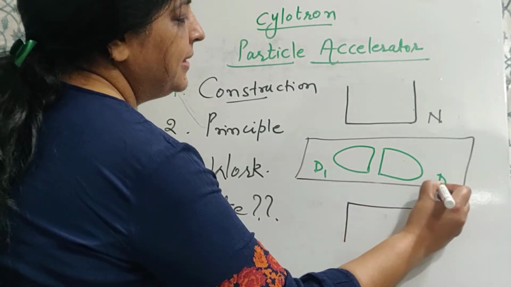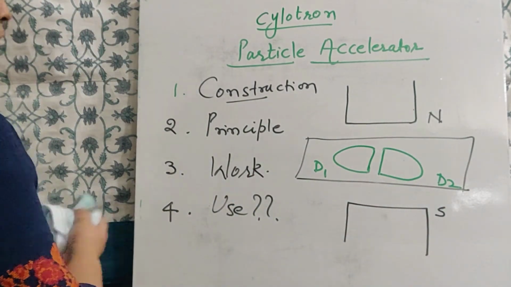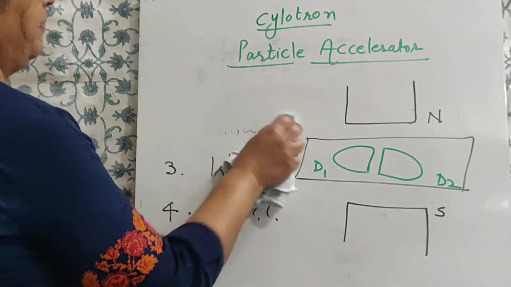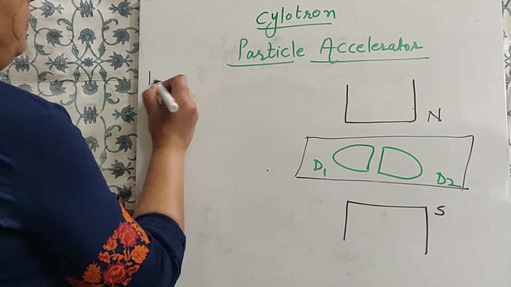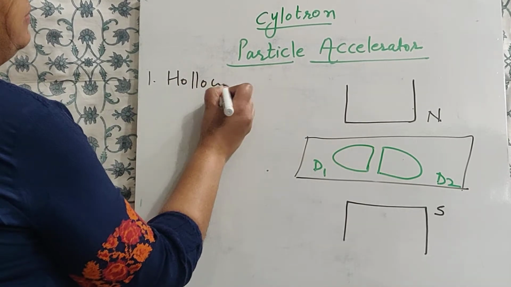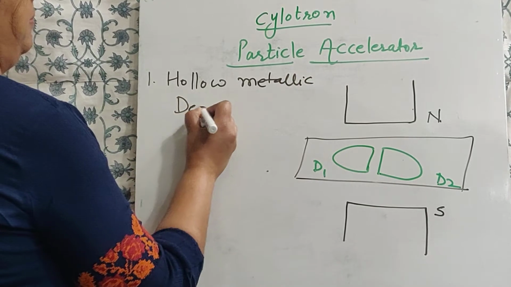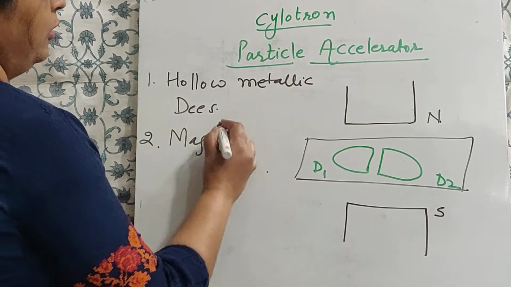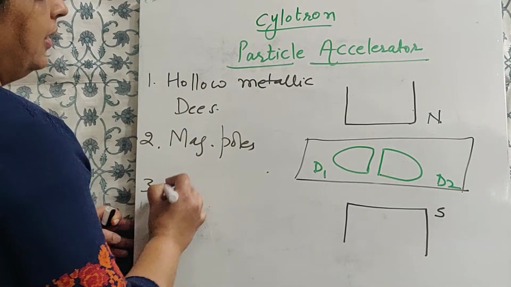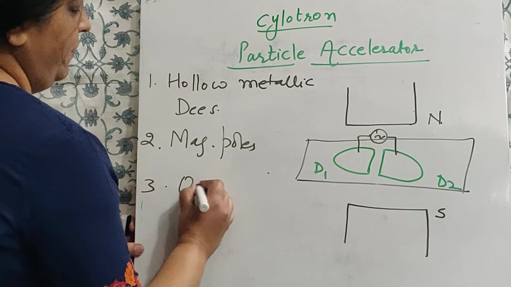We give them names D1 and D2, and these two Ds are hollow and metallic. So we have hollow metallic Ds, and we have magnetic poles. The third thing is, we have an oscillator here.